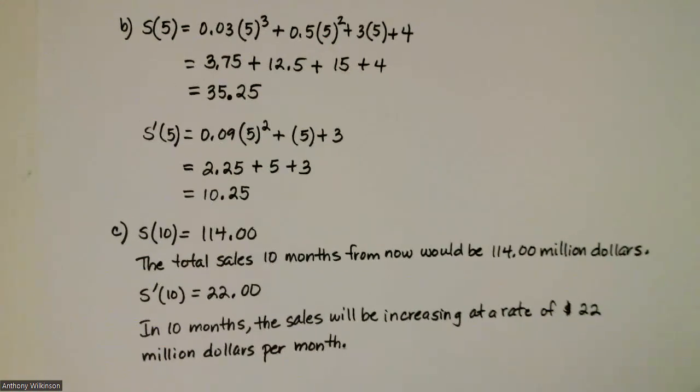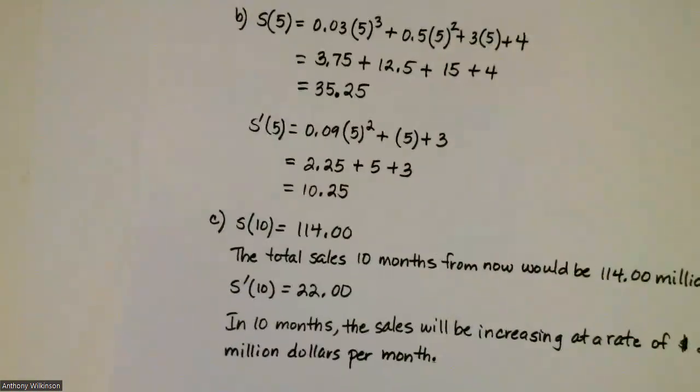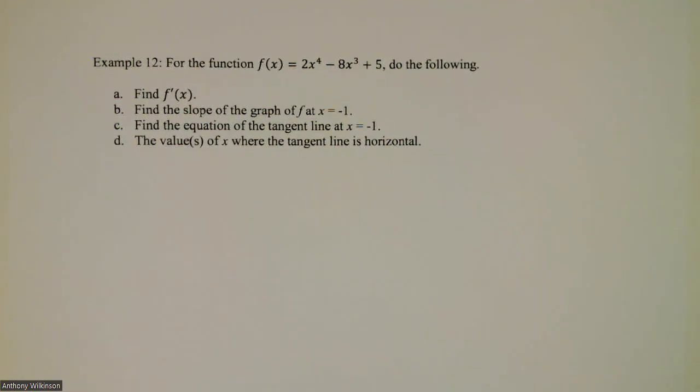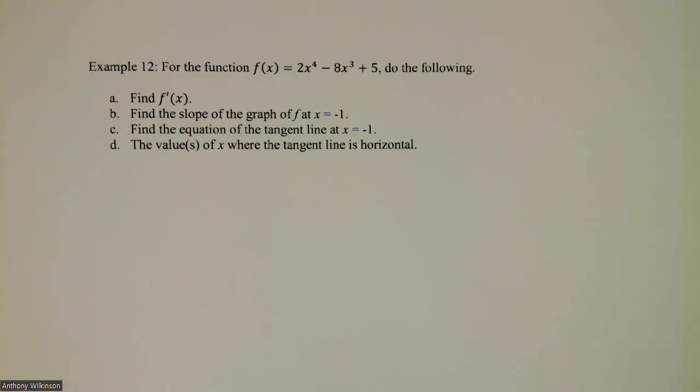All right, so I got one more example. And here it is. This deals with the tangent line in this case. So that's for the function f of x is equal to 2x to the fourth minus 8x cubed plus 5, we're going to do the following.